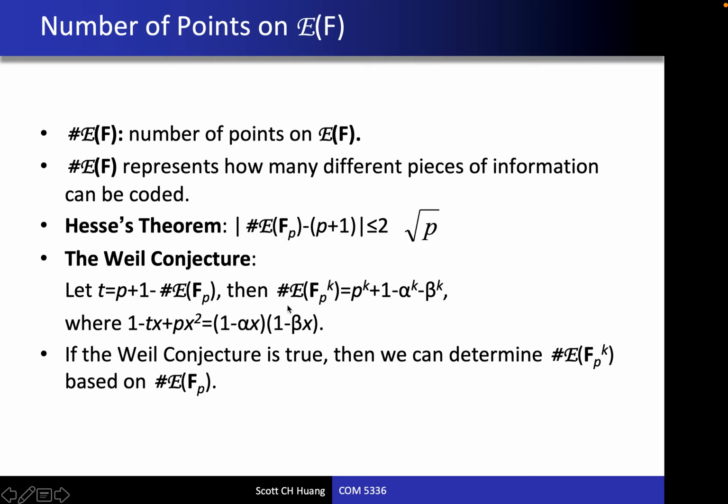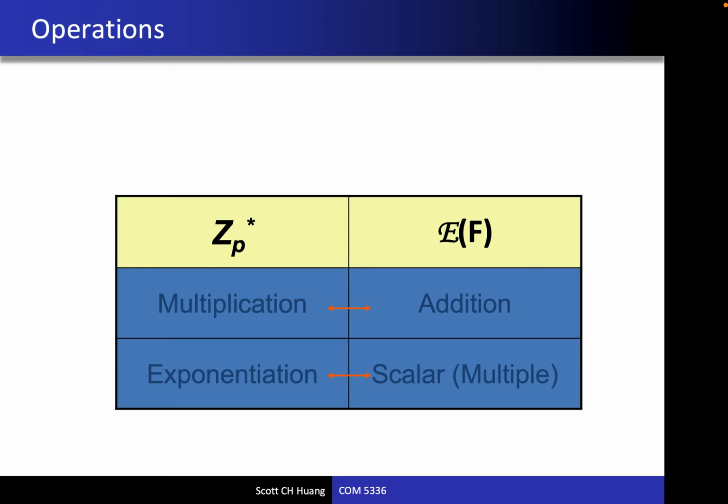Anyway, just estimating the number of points is already an extremely hard problem. And I have to mention that the number of points does play an important role on an elliptic curve, because it tells us how big this group is. It's essential in assessing the difficulty of an elliptic curve.